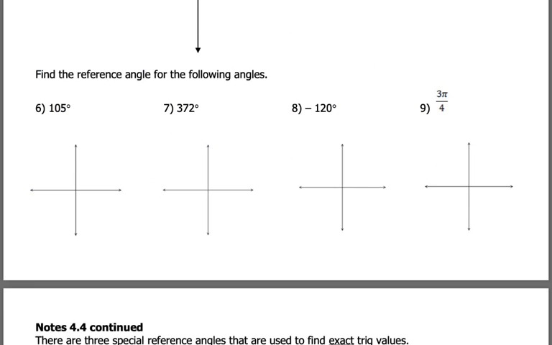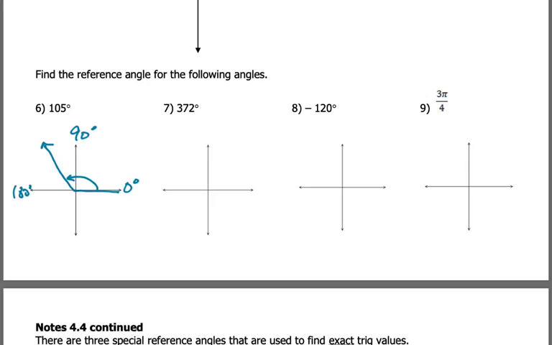All right, we're going to first find the reference angle for each of these angles right here. So 105 degrees. Remember, 90 degrees is right here. This is where 0 degrees is, and 180 degrees is over here. So 105 degrees will be about right here. That's where the terminal side is for that angle.